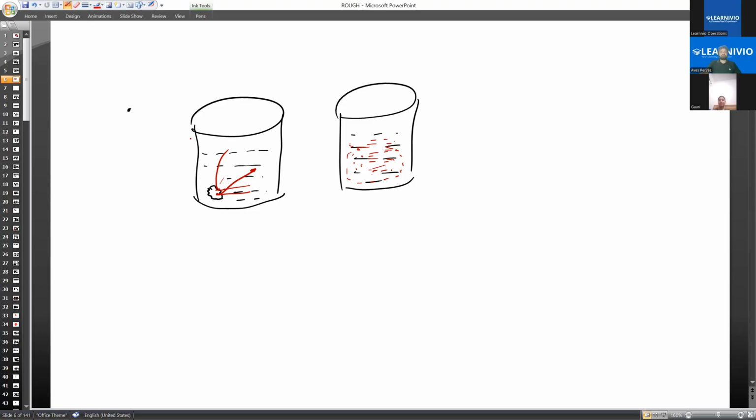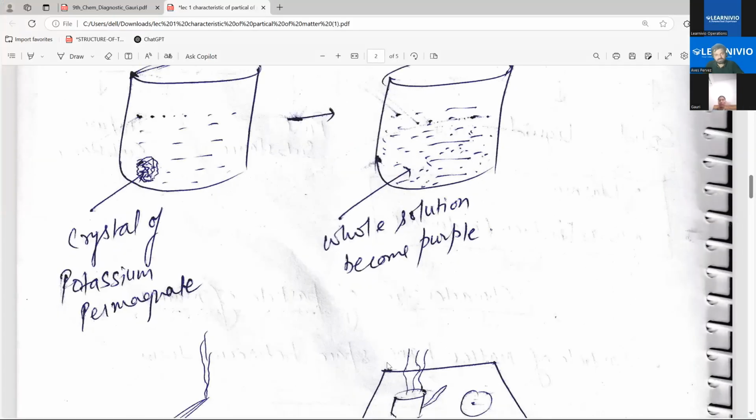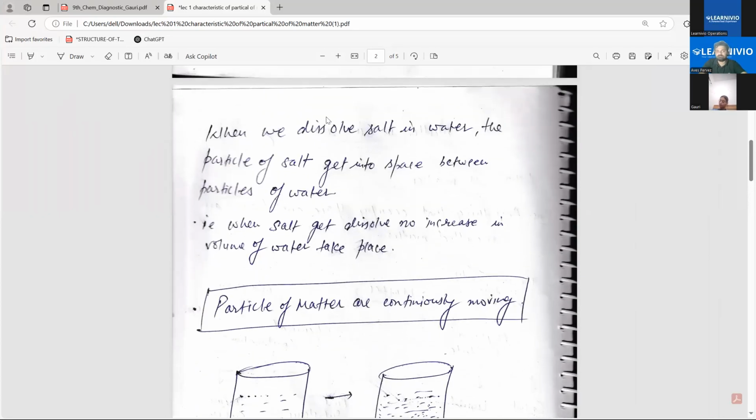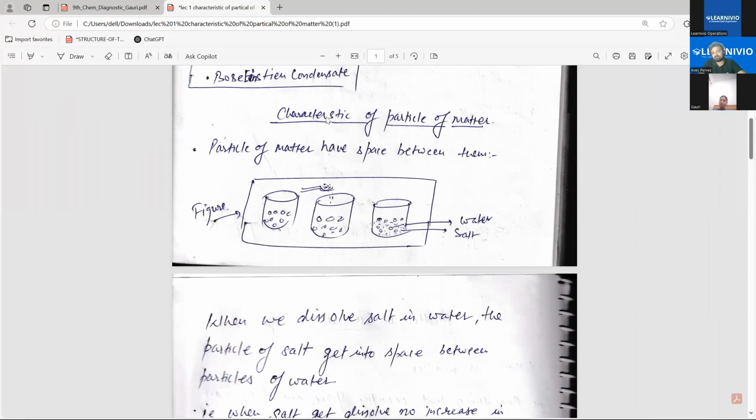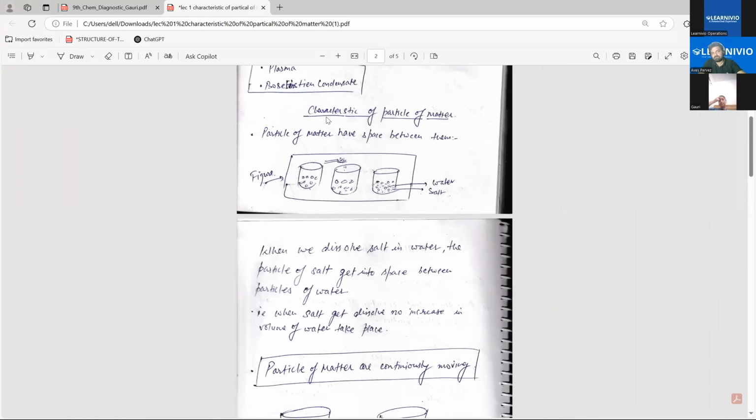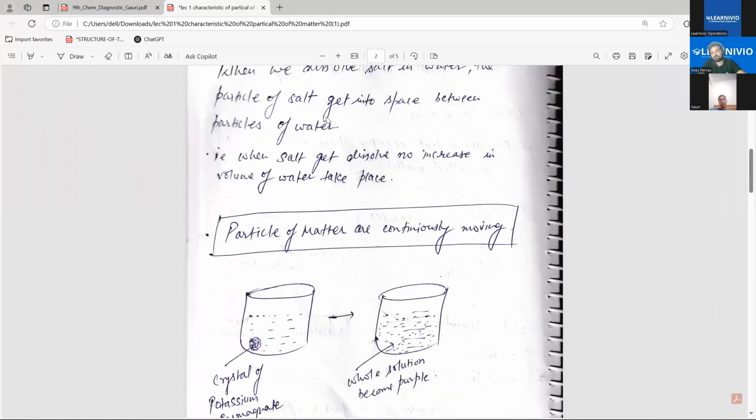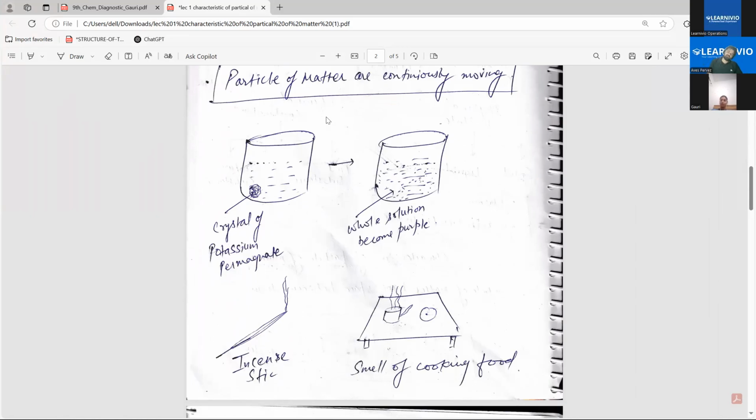Yes, sir. So please note it down. Please draw this one. Note down the topic: particles of matter are continuously moving.